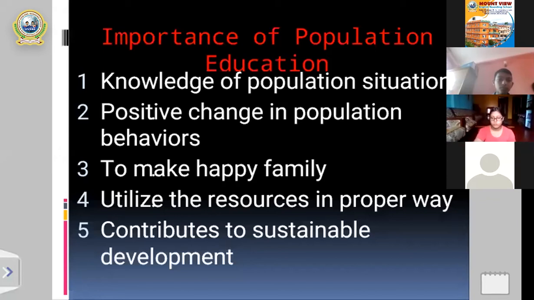It means dynamics means the population size might be up and down. That's the meaning of population dynamics. Now, to know the population increment or decrement, population education is very essential. Jaindra, is it clear? Yes, sir.